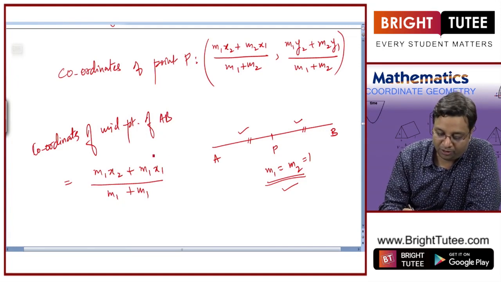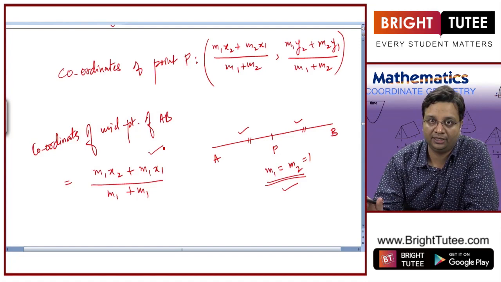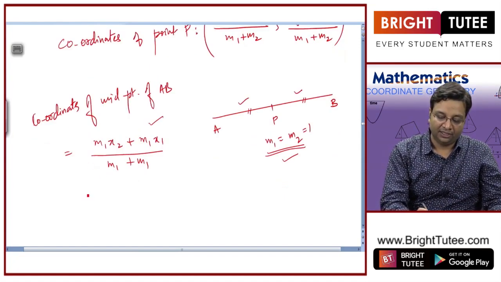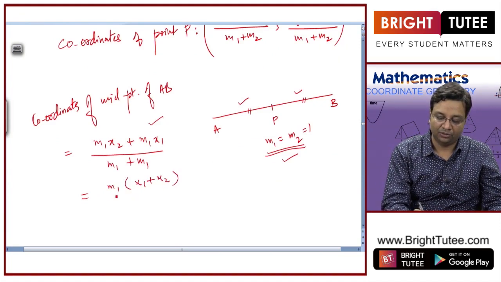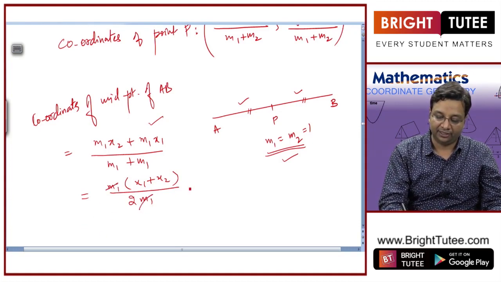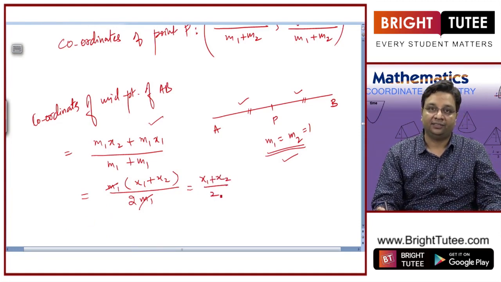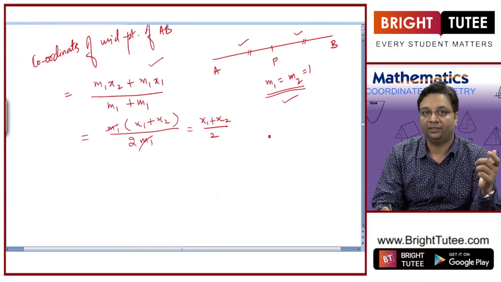Let's talk about the x coordinate only, because the y coordinate will also behave like the x coordinate, because these are symmetric terms. If I take m1 common, it will give me x1 plus x2 inside, divided by 2m1. So m1 gets cancelled. So the x coordinate is (x1 plus x2) by 2. And similarly, the y coordinate will be (y1 plus y2) by 2.